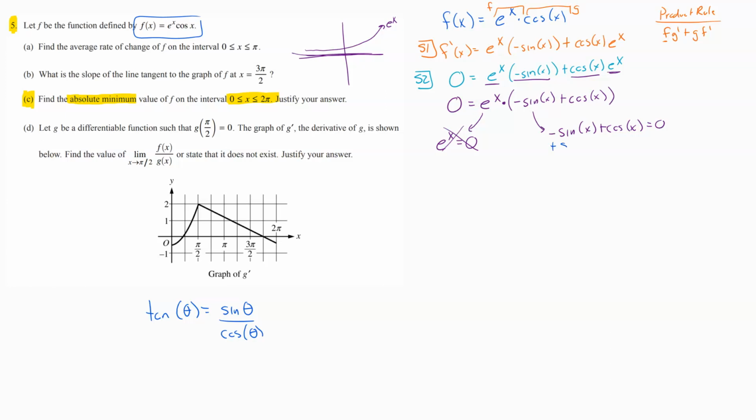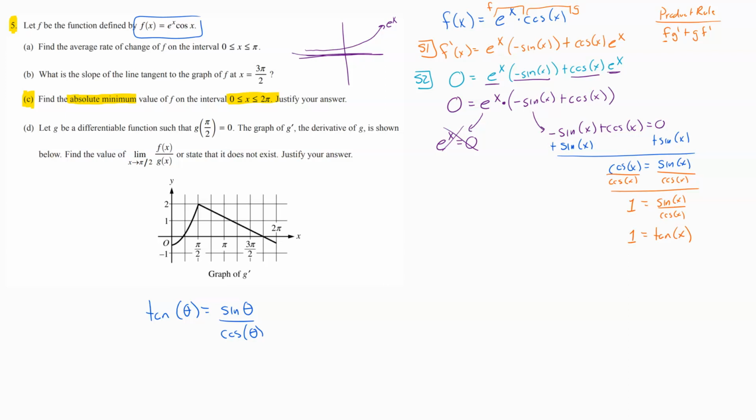I do that by adding the sine of x to both sides. I get the cosine of x equals sine x, so I separate them out into two different sides. Then I divide by the cosine of x, and I get 1 equals sine x over cosine x. Or more importantly, I know that 1 has to equal the tangent of x.